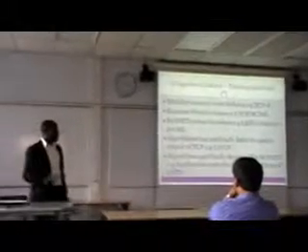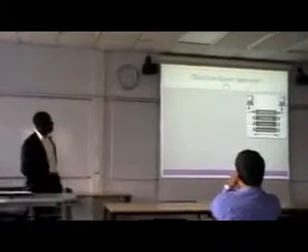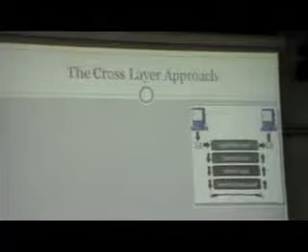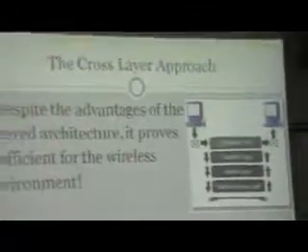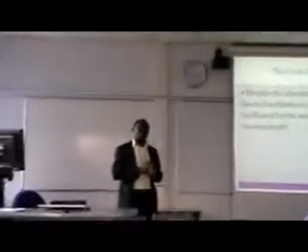Now going into the cross-layer approach, in 1976, when the OSI model was being introduced as a standard model for networks, the wireless environment was not taken into consideration, and the need for a good layer architecture for the wireless environment started.